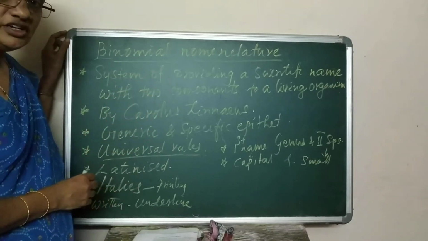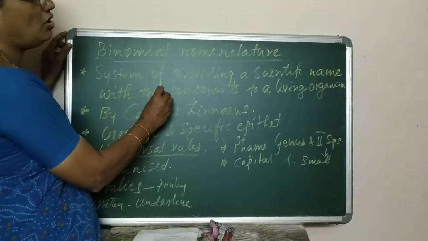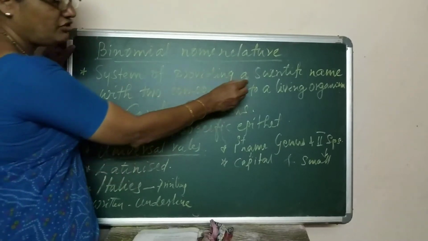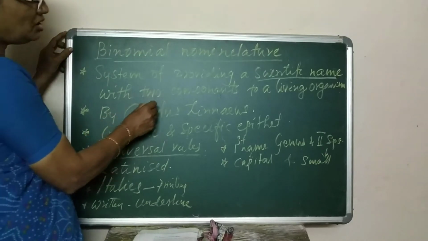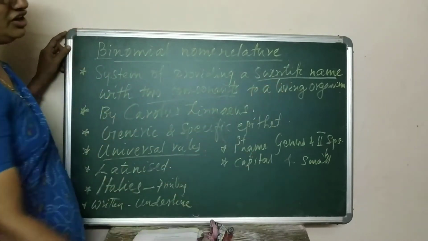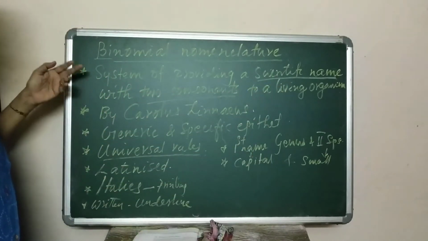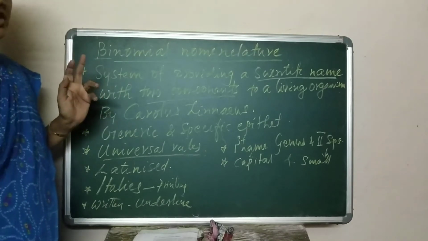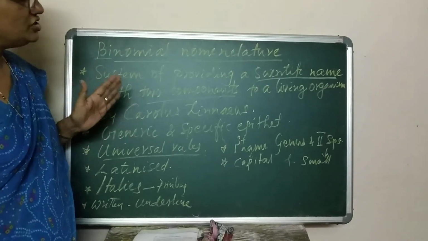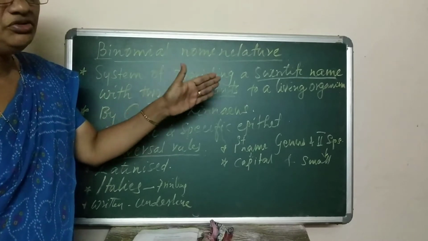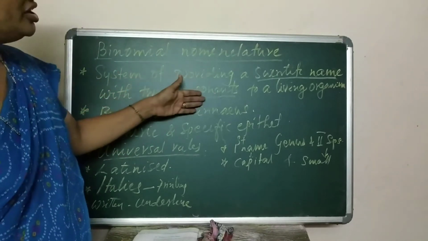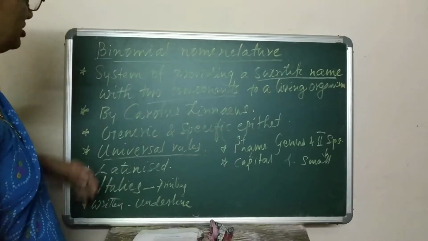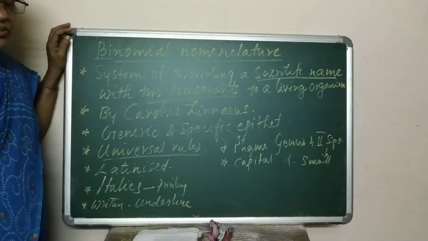Binomial nomenclature is a system of providing a scientific name with two components to a living organism.